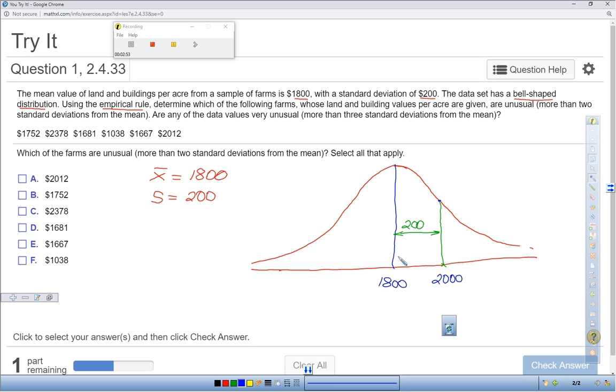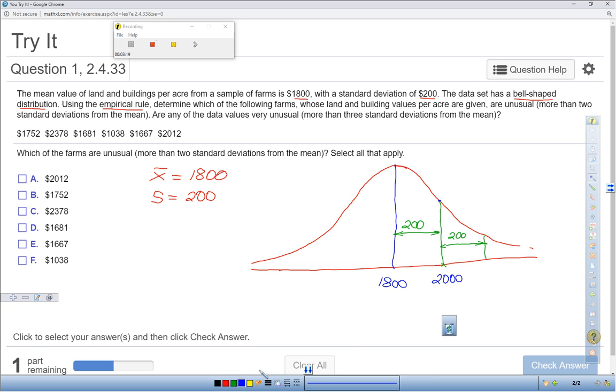Using this distance, we can mark another standard deviation to the right. More or less from here to here is going to be the same as from here to here. So this is another standard deviation, so another 200. So 20 plus 2 is 22.